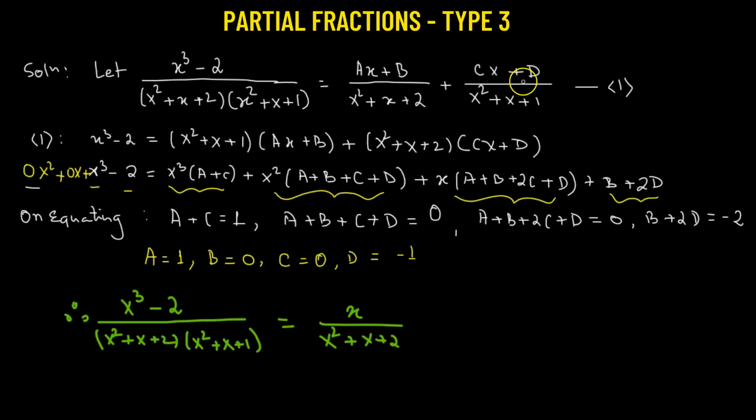And then we have cx plus d, c is 0 but d is negative 1, so we have negative 1 divided by x squared plus x plus 1. So this is how we have successfully resolved the given rational fraction into its constituent partial fractions. The first one being x over x squared plus x plus 2, and the second one is negative 1 over x squared plus x plus 1. And if you want to cross-check, you can combine the two partial fractions and this should get back the original rational fraction.